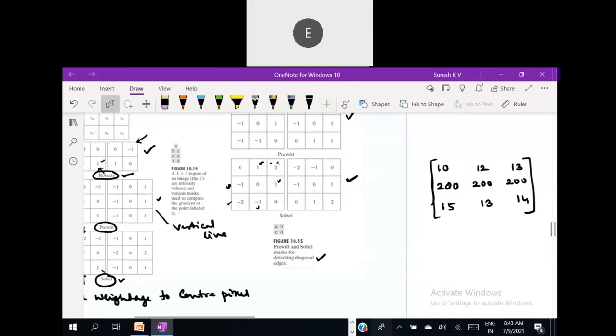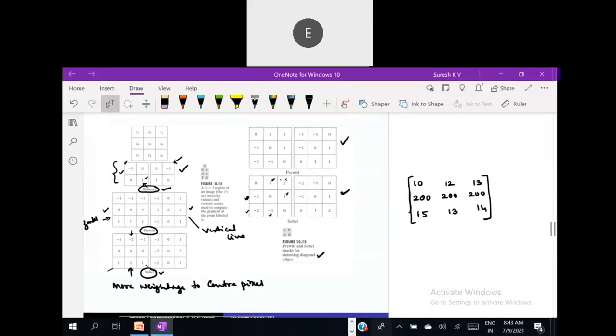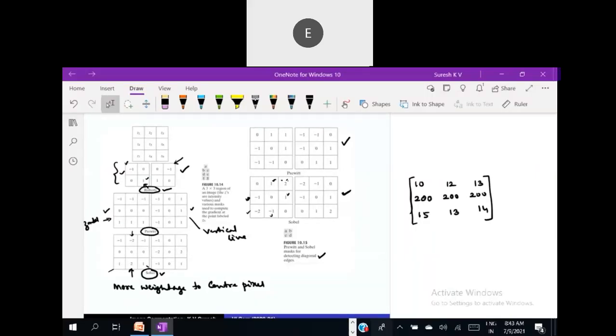Observe the image and also observe the kernels. Anybody? Nobody wants to comment? Sobel.